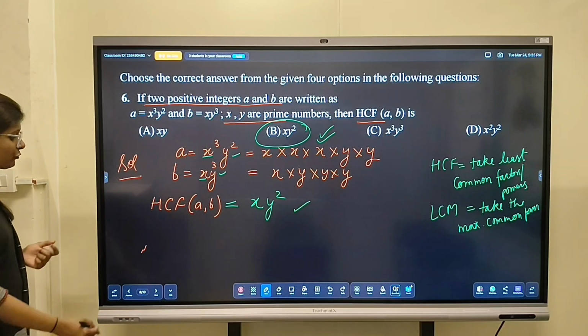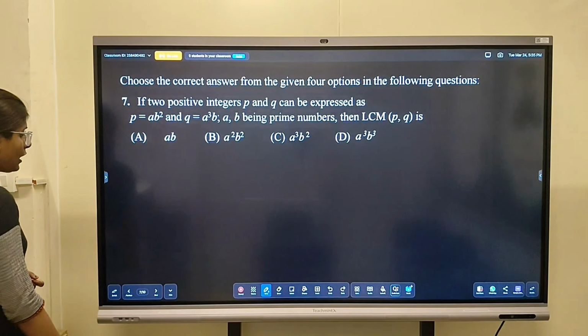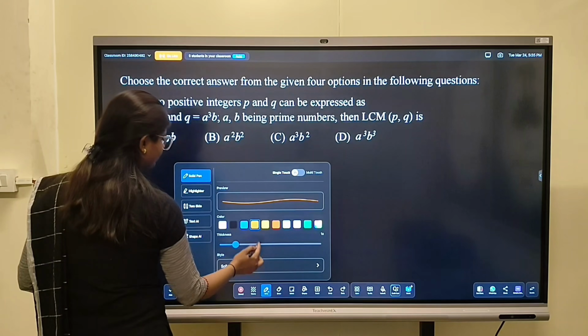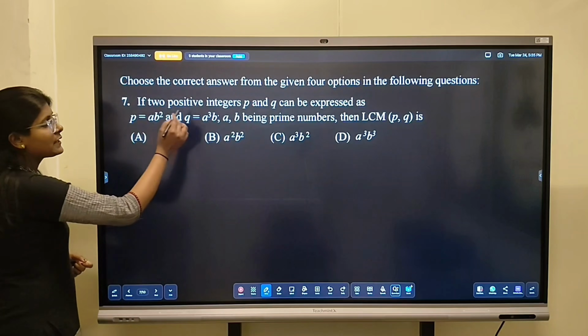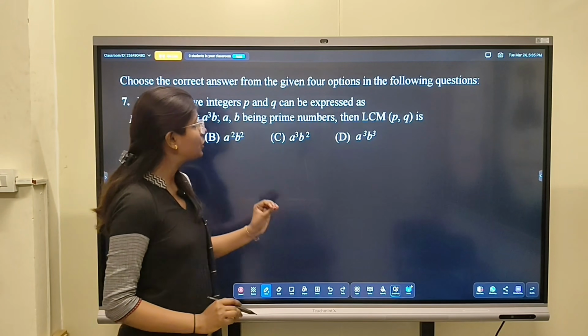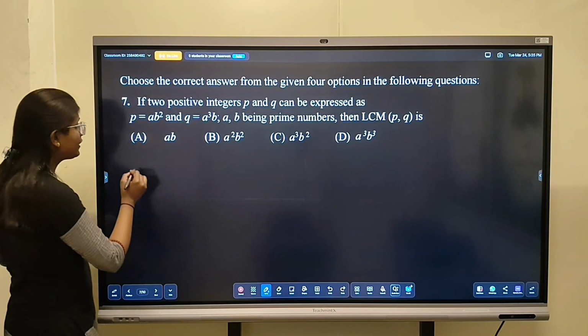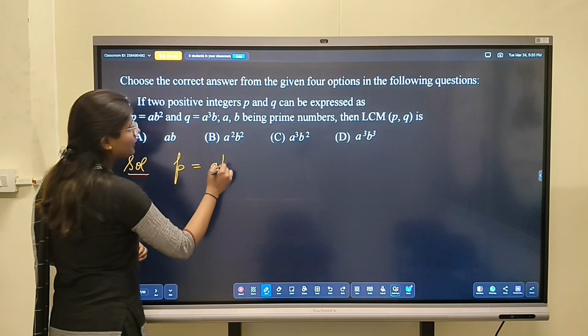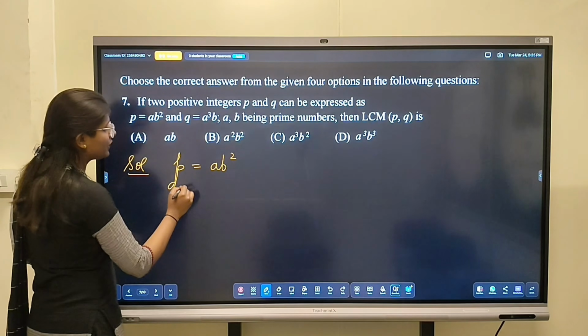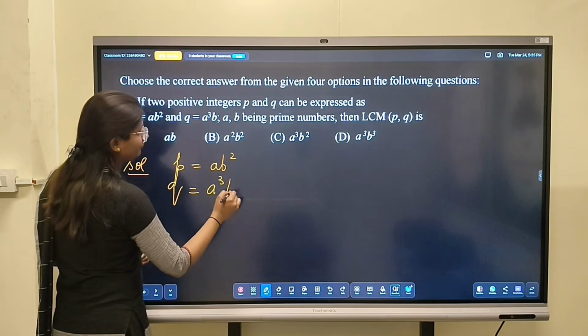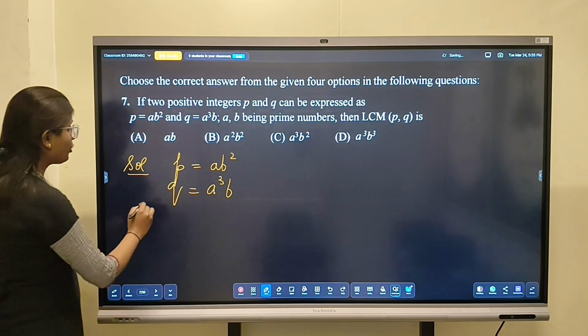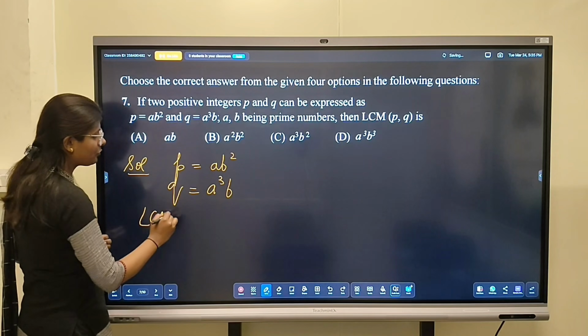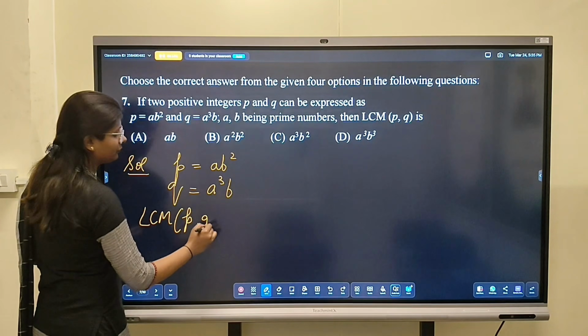Right? Let's move to the next question. Now the question states, if two positive integers p and q are expressed in such a way that p is a b square and q is a q b, right? Then what is the LCM of p comma q?